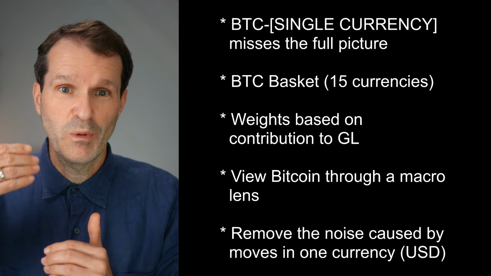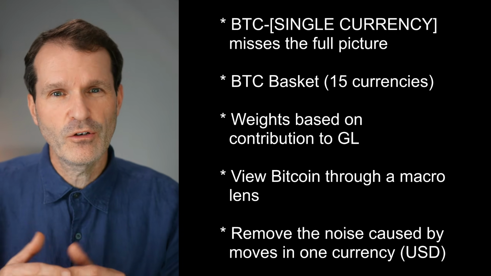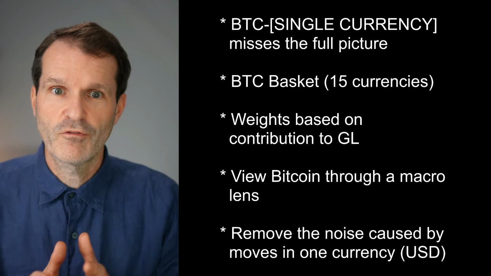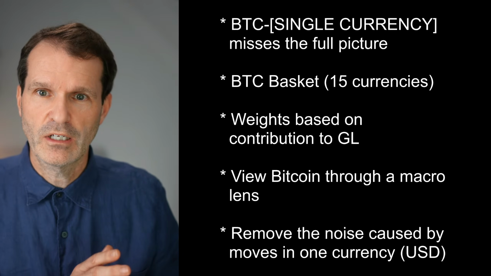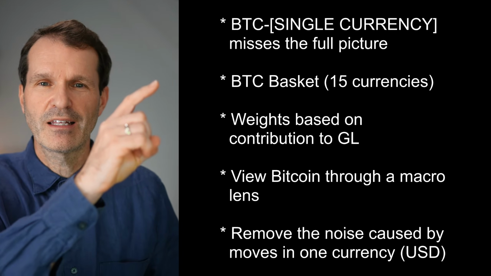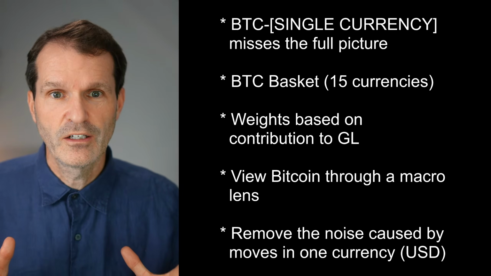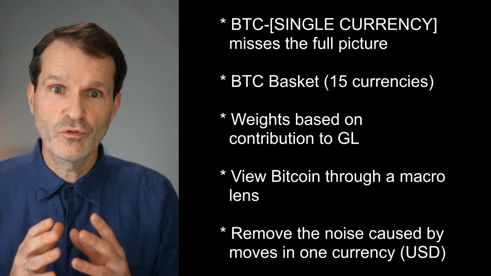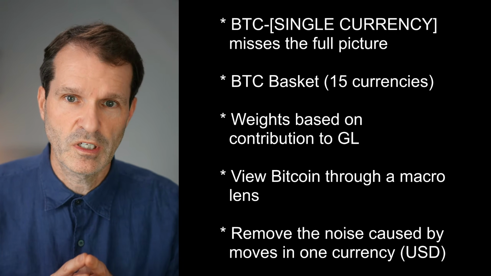And if it is a global asset, we should find a way to measure the value from a global perspective and not just from the valuation of one single currency or country. Therefore, using a Bitcoin basket of 15 currencies is much more useful from a global perspective than just one currency.